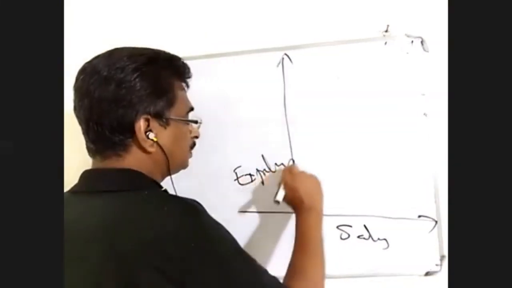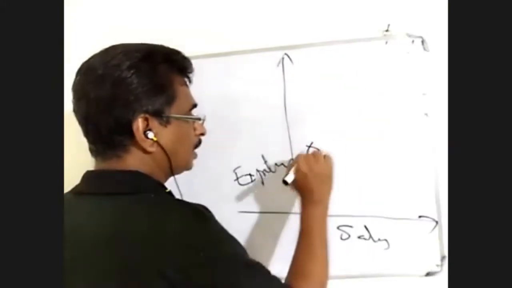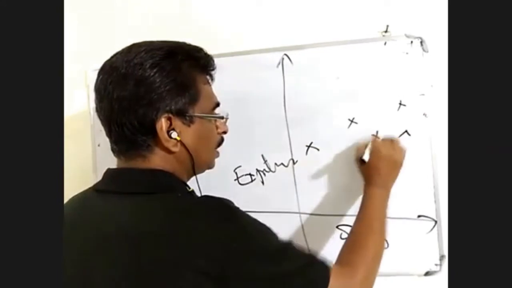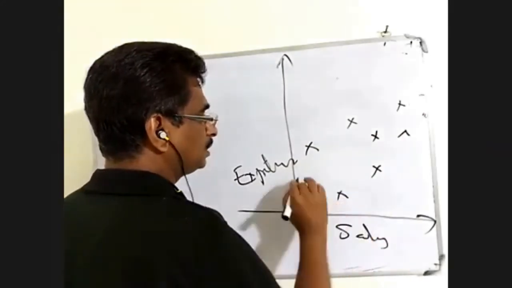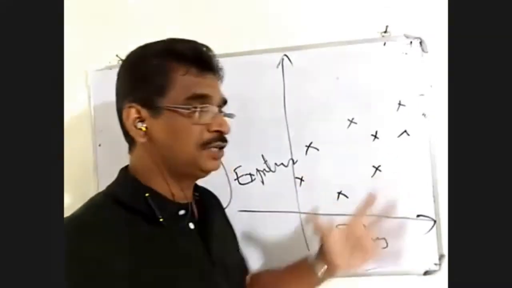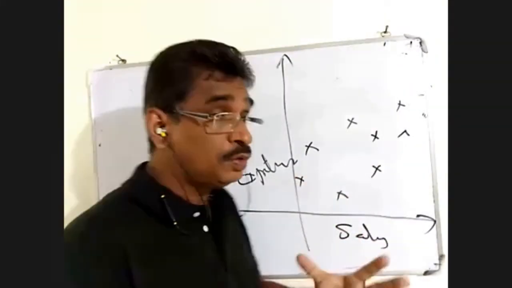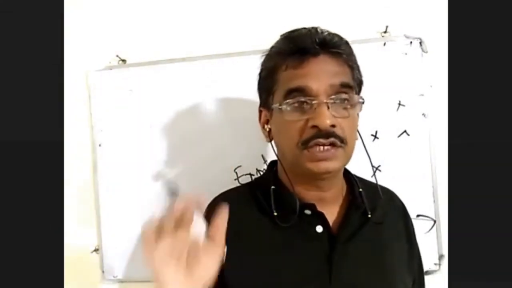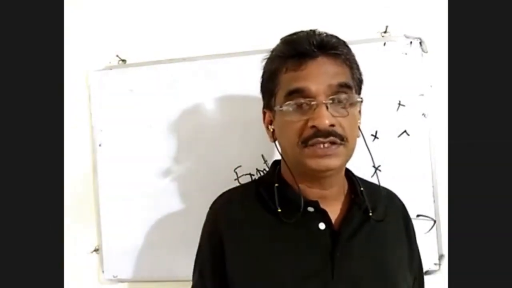The points are coming like this, some points here and some points here. In correlation, we specify what amount of relationship there is between the variables and the direction, whether it is positive or negative.